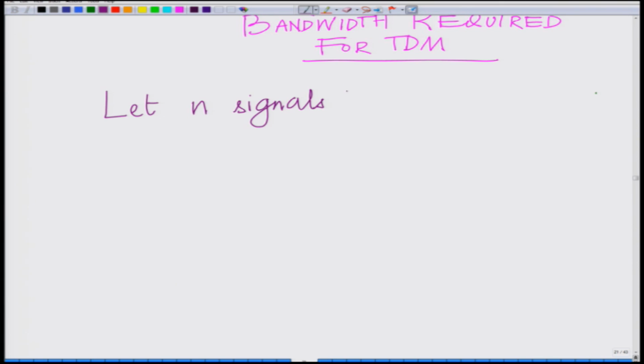Let us say we are multiplexing n signals using time division multiplexing. Let n signals be multiplexed, and all are sampled at equal intervals Ts.